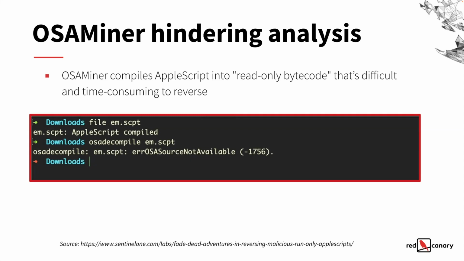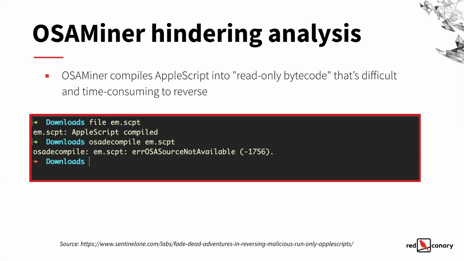The read-only bytecode, the read-only compiled AppleScript, produces some issues when you try to break that code down. Usually on macOS systems, you can use osacompile as the utility to compile the AppleScript code, and then osadecompile to pull it apart.